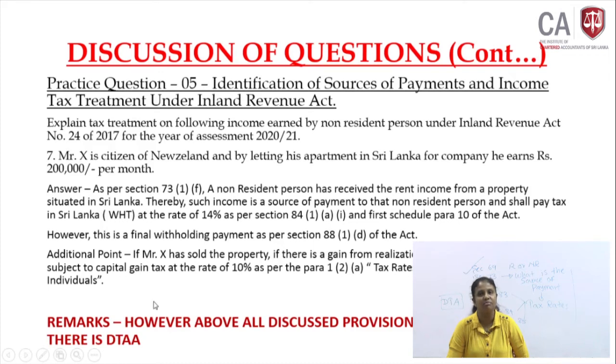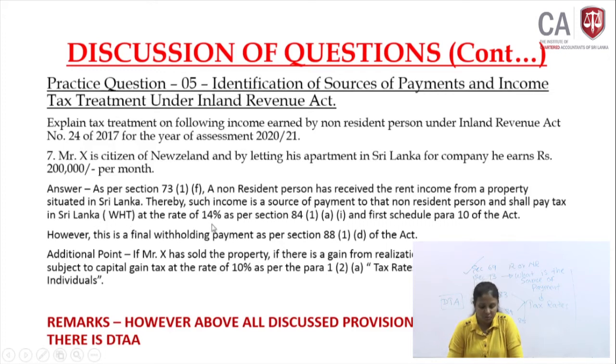That's very, very important. It should be a source of payment. The immovable property should be situated in Sri Lanka. Thereby, such income is a source of payment to that non-resident person and shall pay tax in Sri Lanka. What kind of tax? Withholding tax.